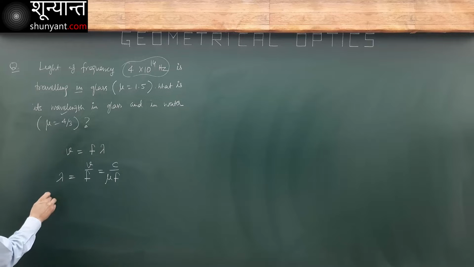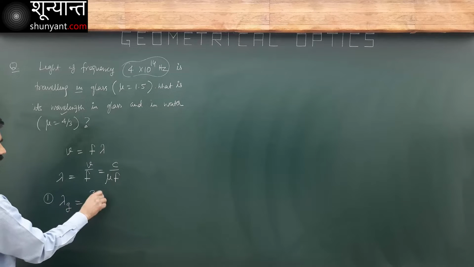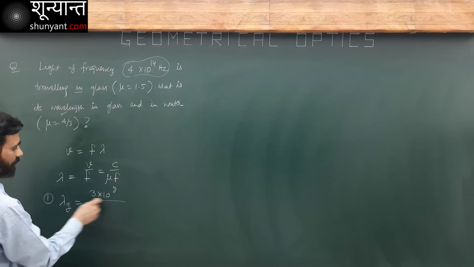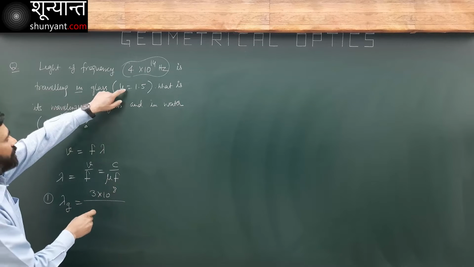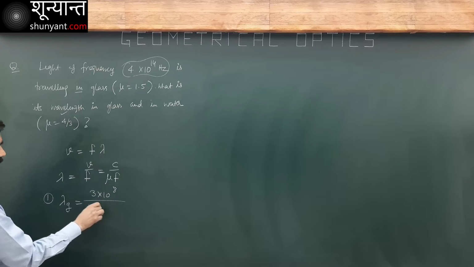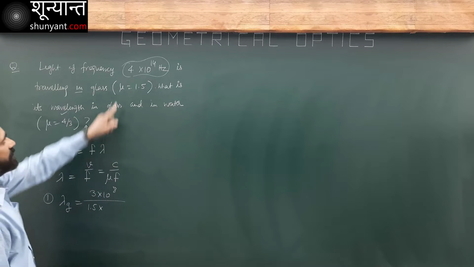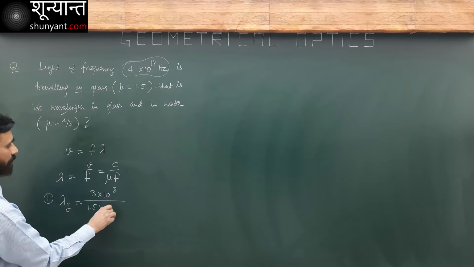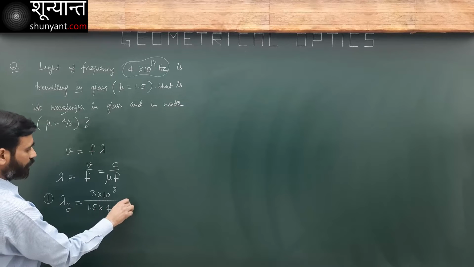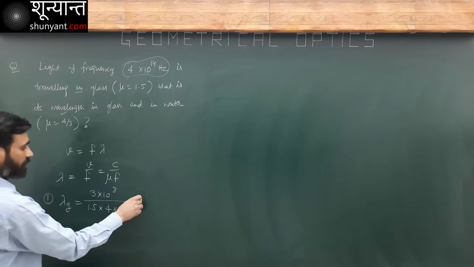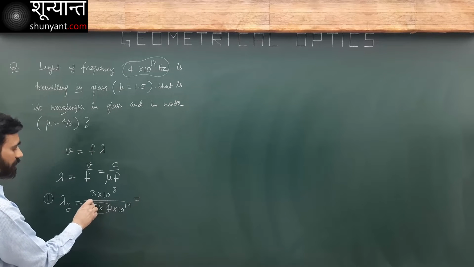So, in the first case, lambda in glass is equal to 3 into 10 power 8 over mu, which is 1.5, times frequency, which is 4 into 10 power 14.